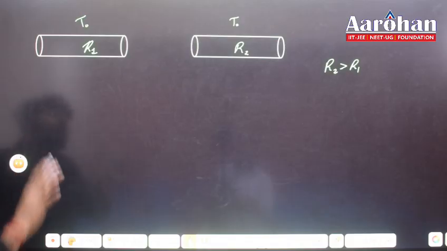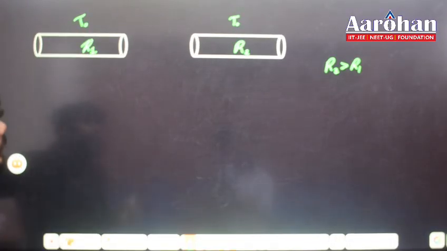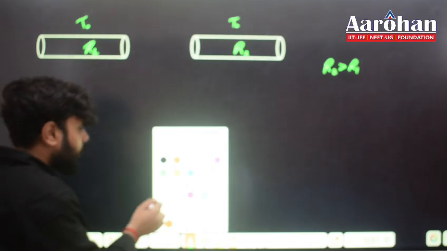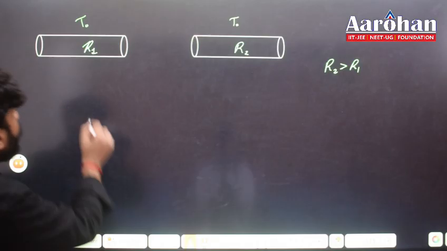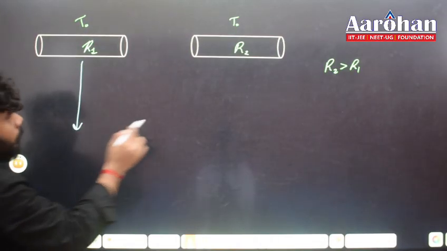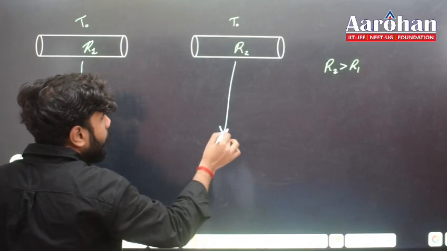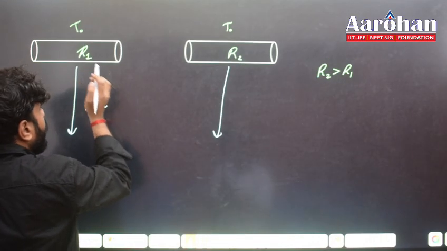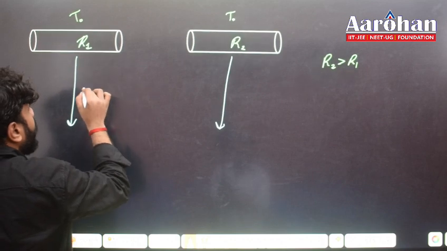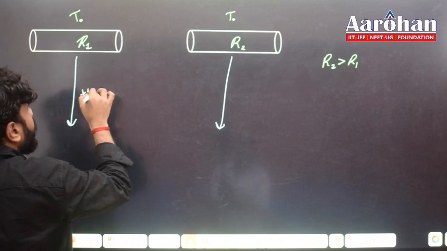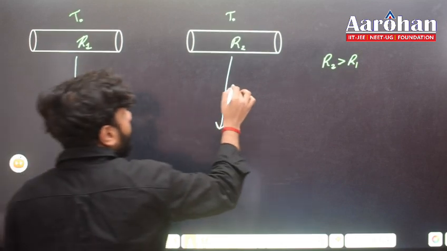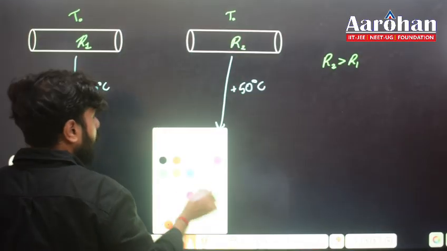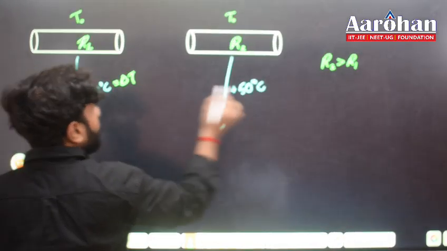So you have two materials, and the resistance of R2 is more, but they are at the same temperature. So if you increase the temperature of both conductors by the same amount, let's say 50 degrees Celsius, here also 50 degrees Celsius, right? Means the change in temperature is the same for both of them.